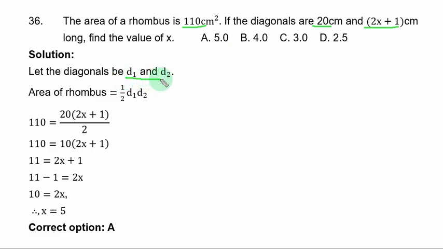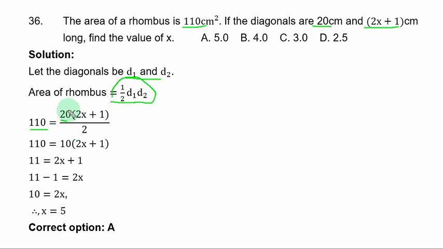Half the product of the diagonals is equal to the area of a rhombus. So the area is 1/2 times d1, the first diagonal, times d2, the second diagonal. The area is 110. The first diagonal is 20, times the second diagonal, 2s plus 1.